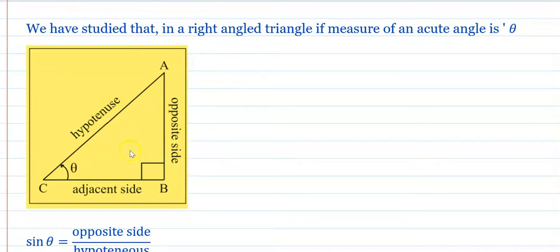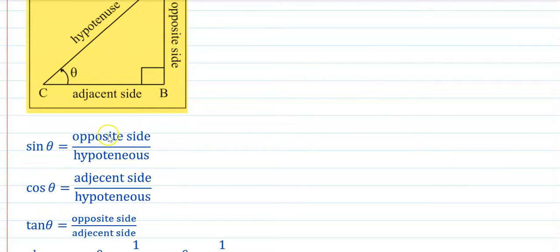That in triangle ABC, measure of angle C is theta. Then the opposite side for this angle is AB. Adjacent side for this angle theta is BC, and the hypotenuse of this triangle is AC. Now we'll define the trigonometric ratios for this angle theta. Sine theta is opposite side upon hypotenuse.